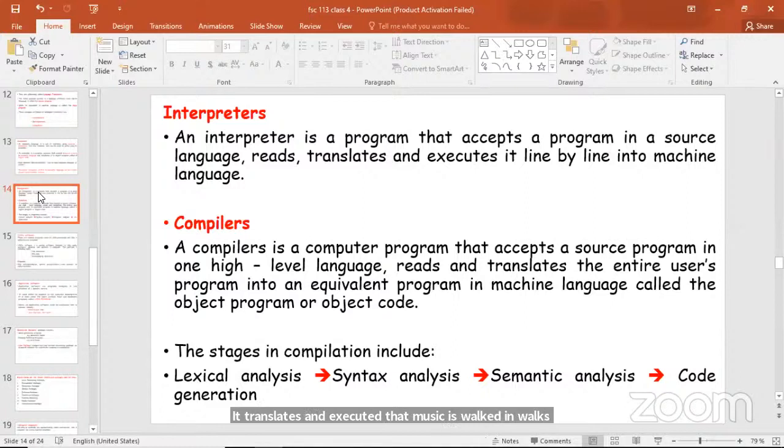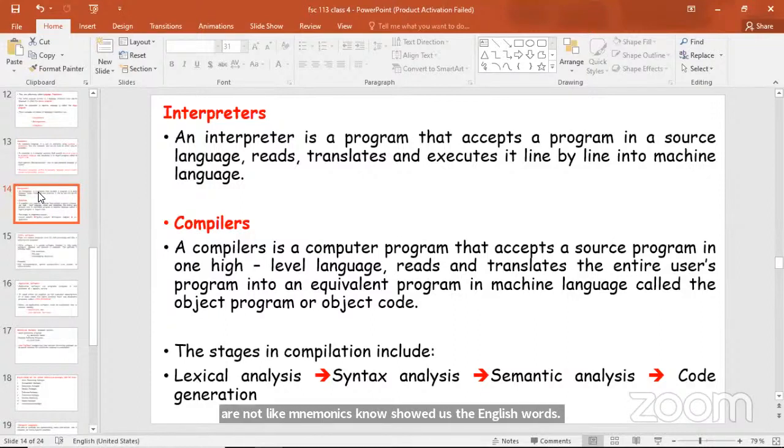So, the compiler. A compiler is a computer program that accepts a source program in a high-level language. Now, when you say high-level language, these are English-like words that can be easily understood by anybody. They are not like mnemonics, they are not shorthands, they are English words.